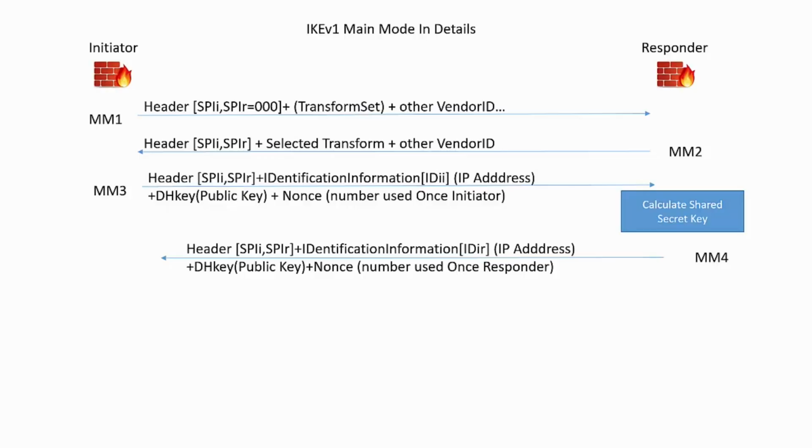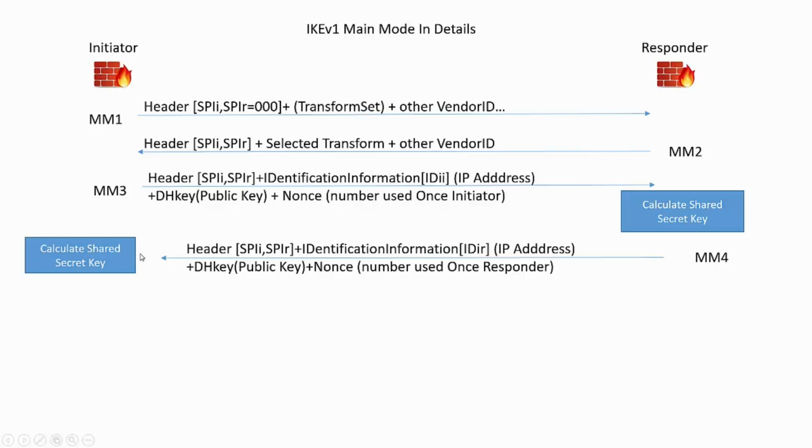Now it can create the shared secret key. And it's going to send its own Diffie-Hellman public key, and its own IP address identification, as well as the number used once from its side. And it is going to send it out to the initiator. The initiator will do the same, which is calculate the shared secret key.